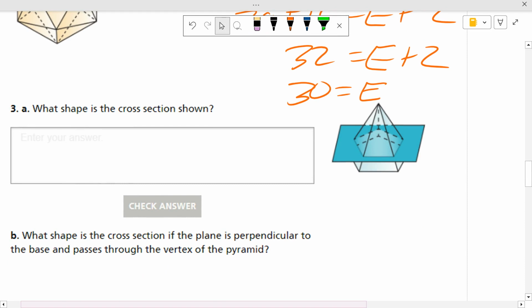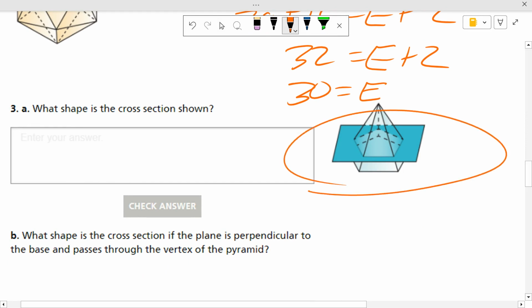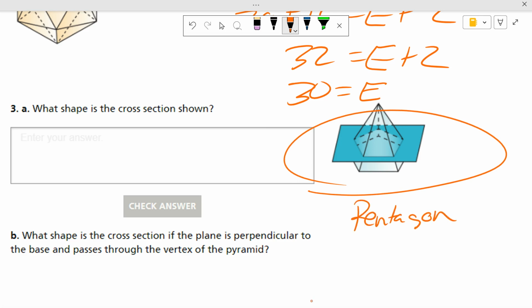Cross sections. If it's parallel to the base, it's the same shape as the base. So what is the cross section of this? What shape is it? Pentagon. If I go perpendicular to the base, straight up and down with this, what shape will it be? It'll be a triangle.